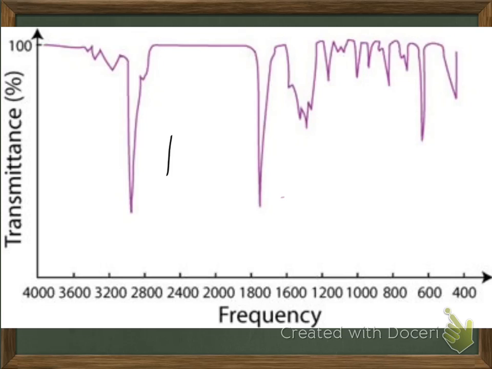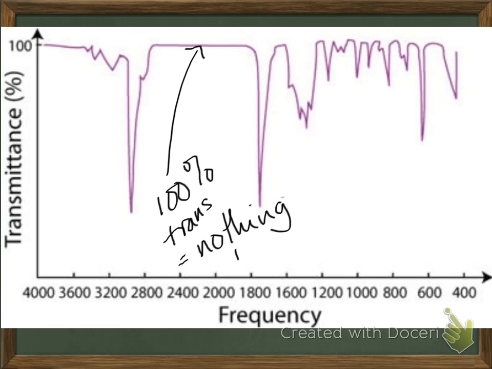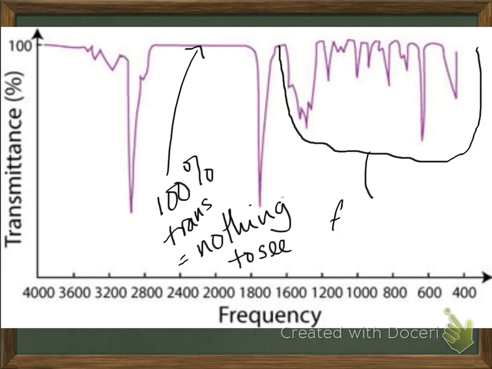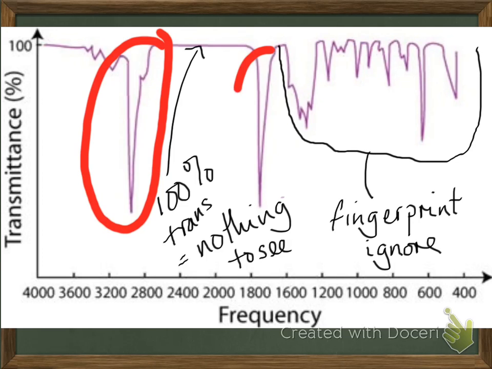So if we move on, this is an IR spectrum where everything passes through the compound. You've got 100% transmittance, everything goes through the compound, and that means that there are no bonds there that you are interested in. I mentioned the fingerprint region just before.